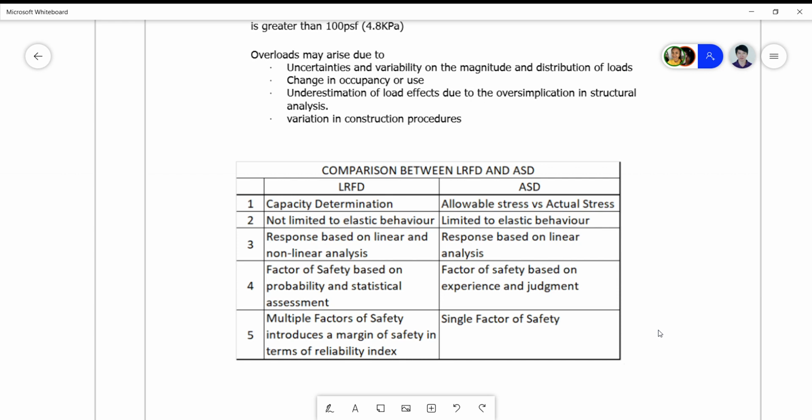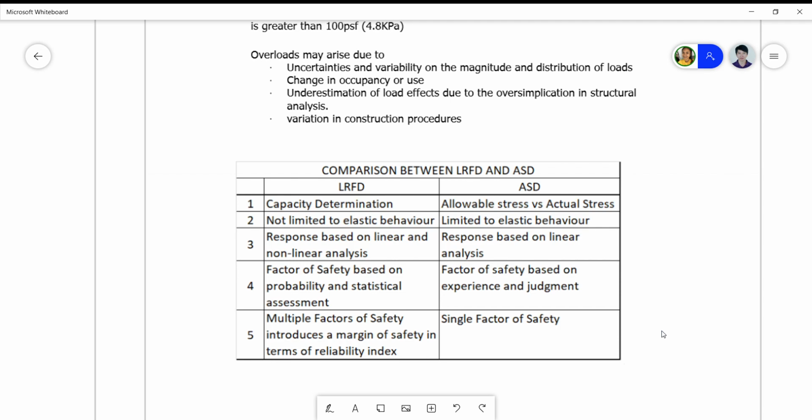And in number 5, for the factor of safety, we actually observed a while ago that in LRFD we use multiple factors in order to have a good margin of safety and more reliable values for your computations, while for ASD, since there is only a single factor of safety involved, adjustment in the use of different factors for multiple load combinations is not achievable.